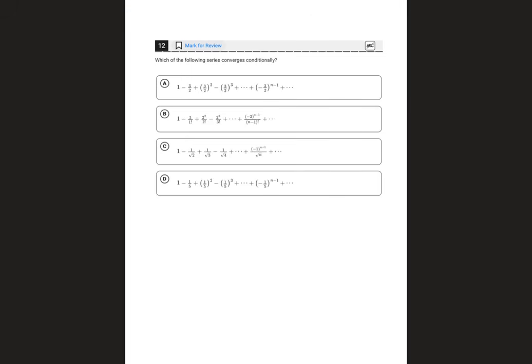Terms go to 0, they'll be decreasing, but this converges absolutely because the series on its own, without the alternating series part, would be 2 to the n over n factorial, like that.